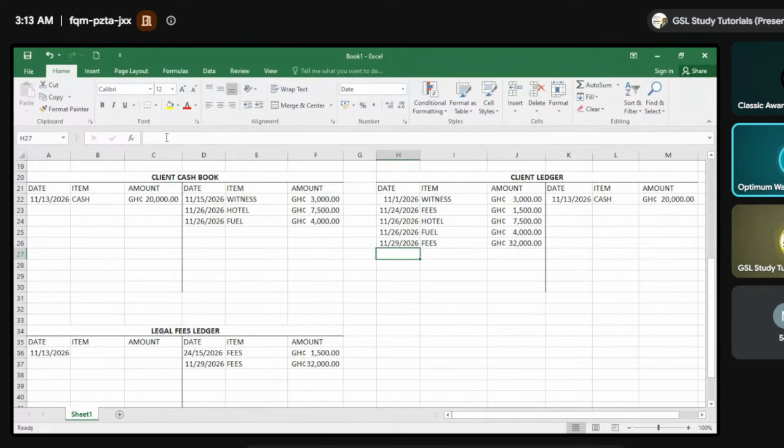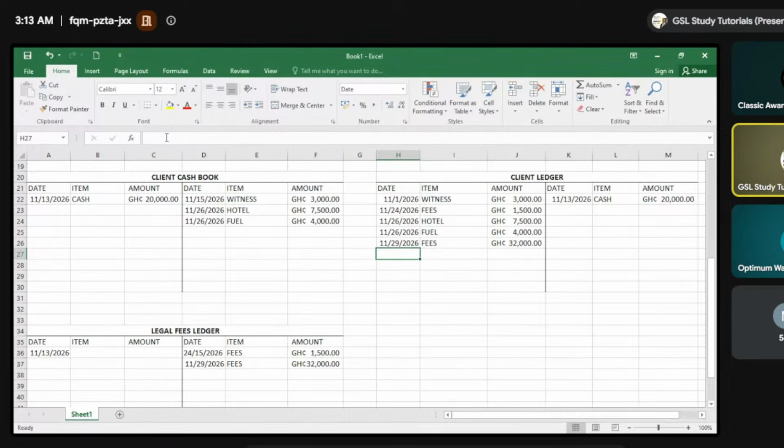I think it contains the cost incurred for the client, which is taken away from the remittance. Basically, that is the simplest thing.